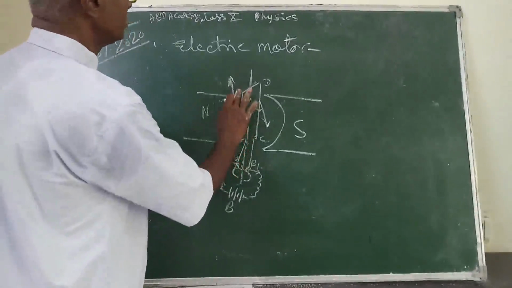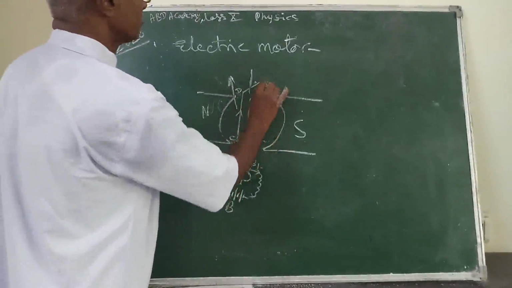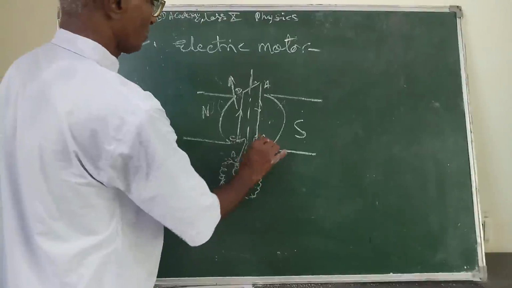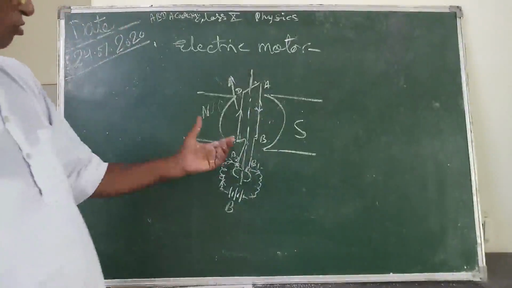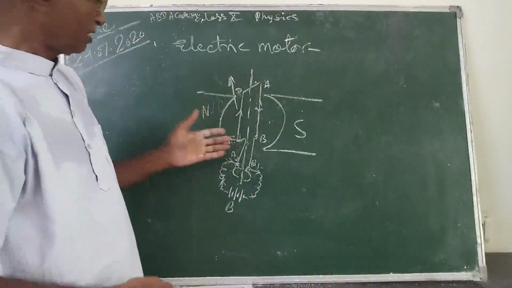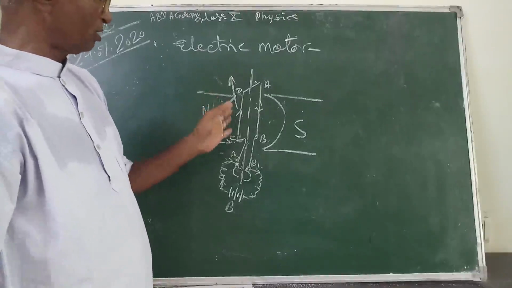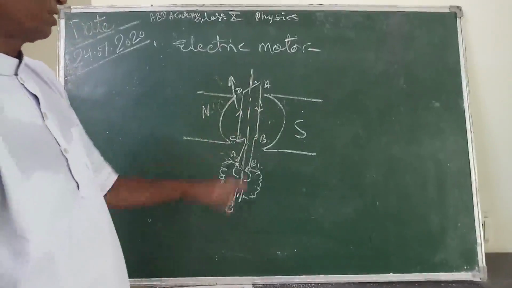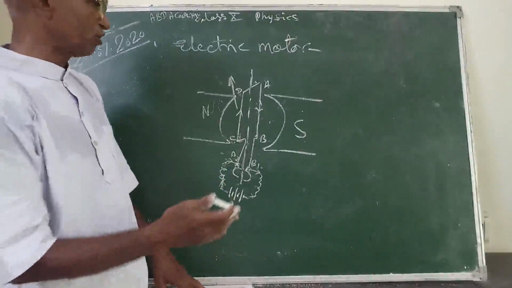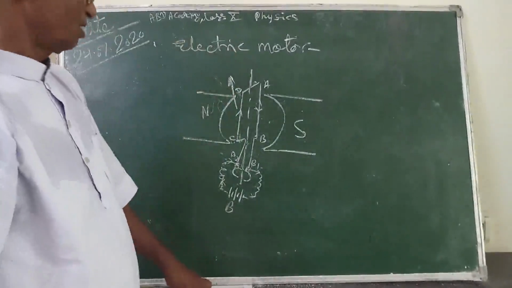Thus CD is here and AB takes this place. The direction of current remains the same. So CD again goes back into the plane of the blackboard, and AB comes up perpendicular to the blackboard, and in this way, in a complete rotation, it has a clockwise motion.